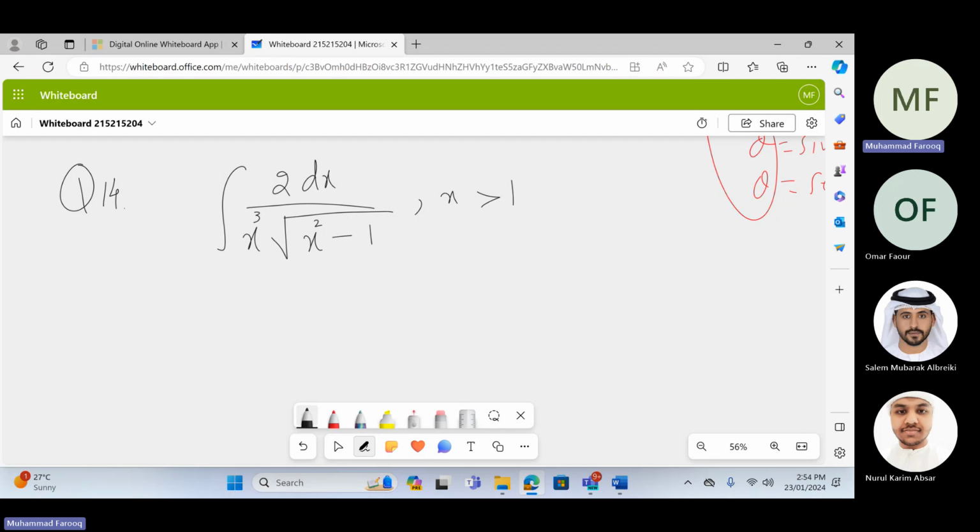Change it using the identity, sine 2 theta is 2 sine cosine. Integrate now, please. Break it, 1 by 2.